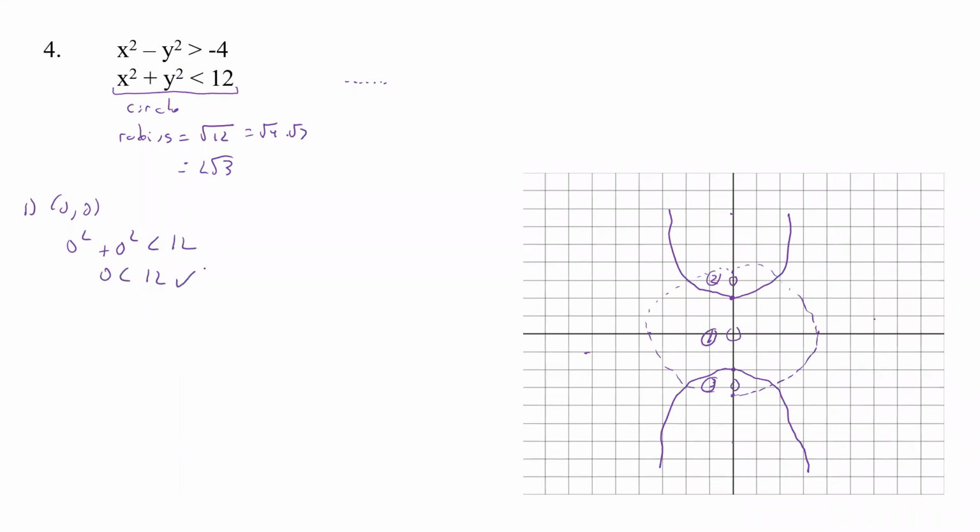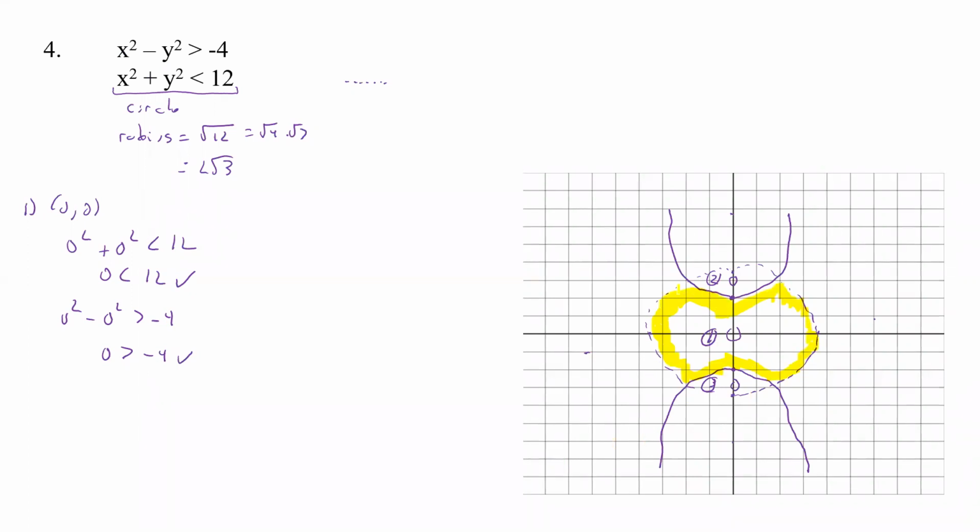Yeah, works there. What about 0 squared minus 0 squared? Is that greater than -4? Well, 0 is greater than -4, so that's true as well. So we know region 1 works. So let's go ahead and highlight it. There it is. We know this region for sure is going to be there.